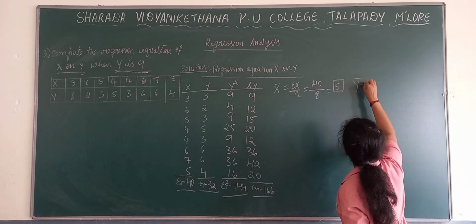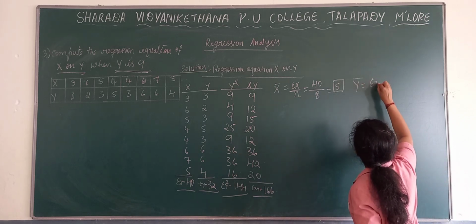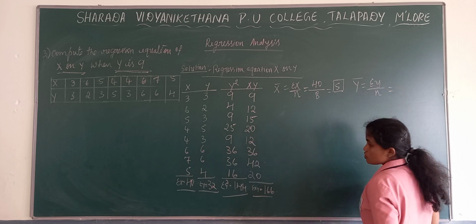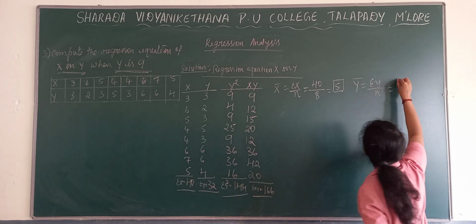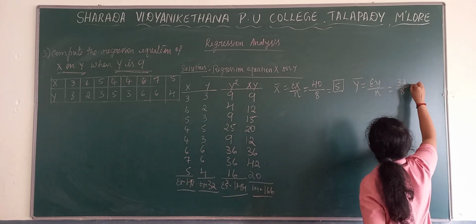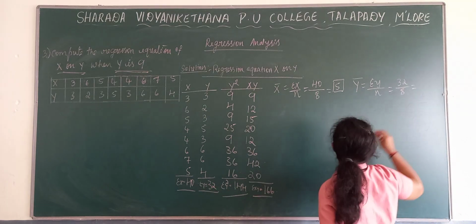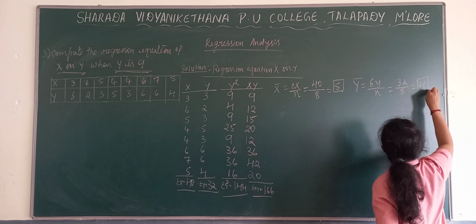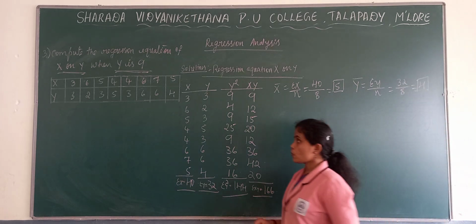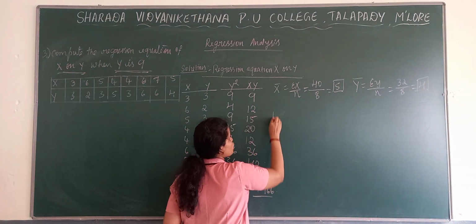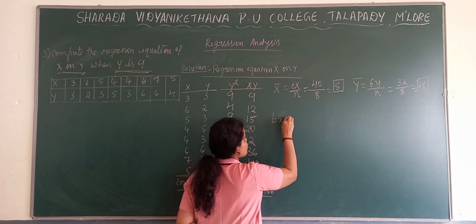Next we find y bar. Sigma y by n. So sigma y we get 32 divided by 8 observations. So we get the value as 4, y bar as 4.